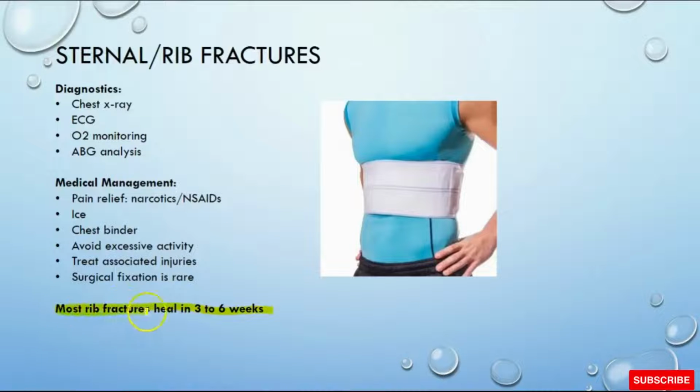Most rib fractures will heal on their own in 3 to 6 weeks. It's usually going to be about monitoring pain, ice, a chest binder, and that's what this picture is. Avoid excessive activities and watch for any associated injuries. A lot of times surgical fixation is very rare.